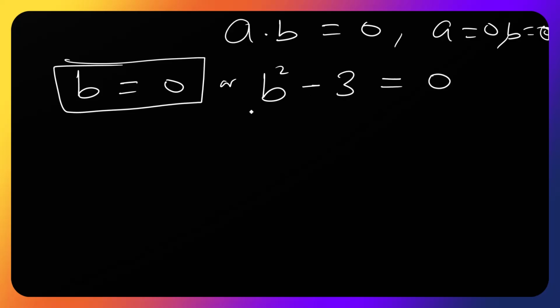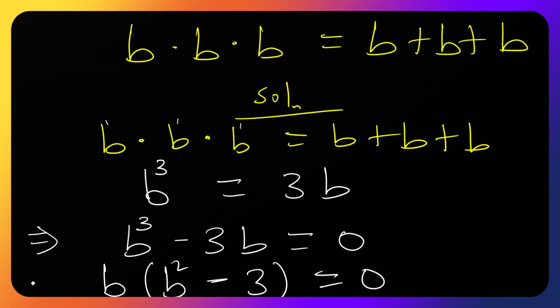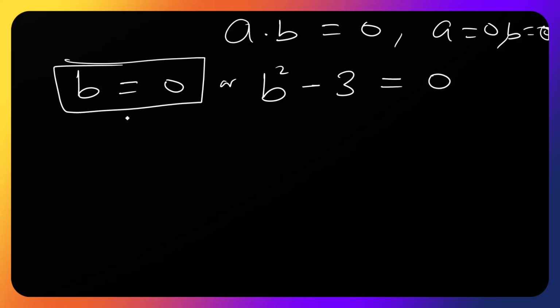And remember, because the highest power here is 3, we are expected to get 3 solutions. So we have the first solution as 0. Let's proceed with the other 2 solutions. After that, we'll come back and verify if indeed our solutions are correct.